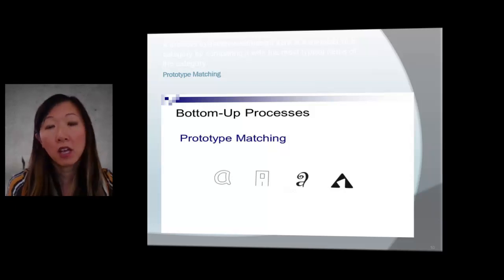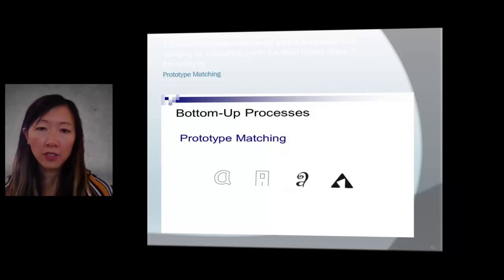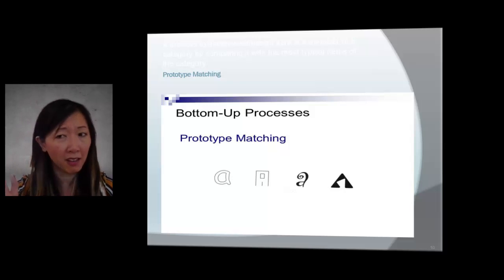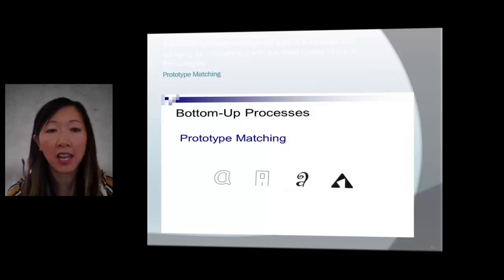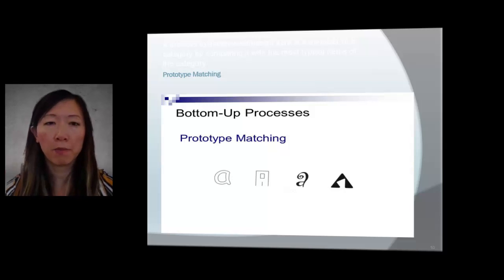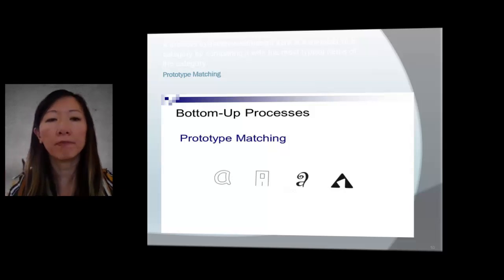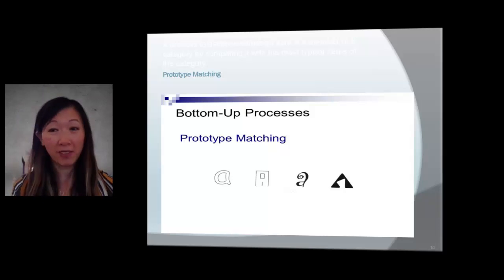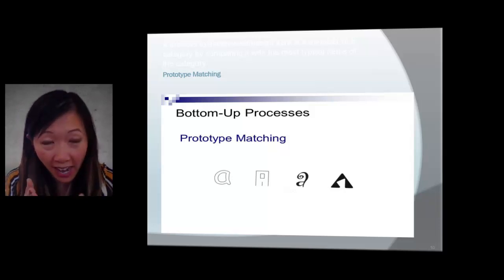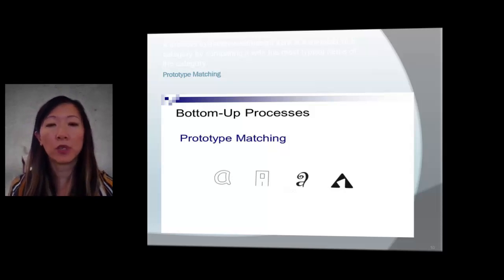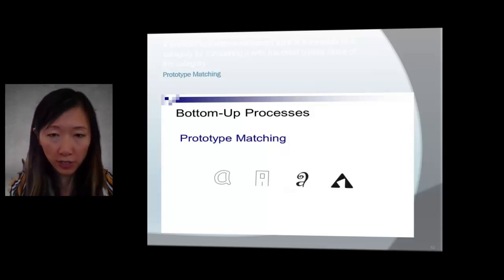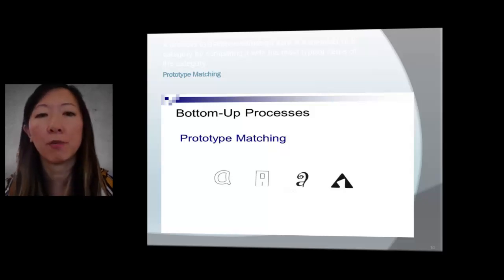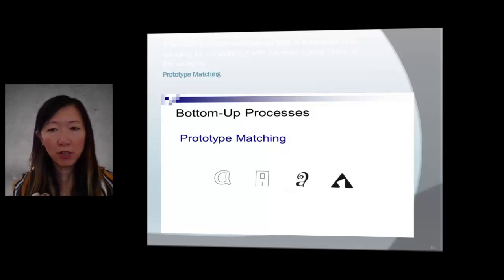So in this case, if you know all of these are A's, with template theory we'd say, I don't think this is an A, but with prototype matching, we can tell these are all A's in some way. They really don't look like A's in isolation, but when they're put into a context, they certainly could pass for A's. So we're bringing in context there with our bottom-up processing and prototype matching.